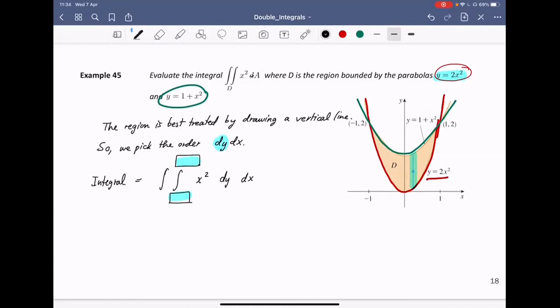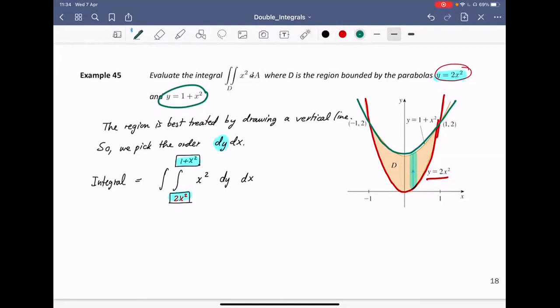You say it is better to do 2x squared to 1 plus x squared. Is it okay? The answer is yes. Thank you to those who answered me, Nida and Pakawat.